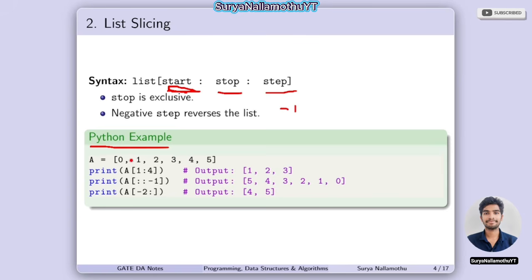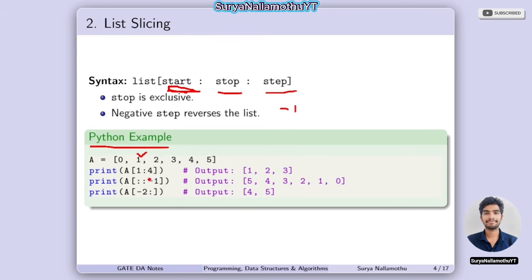So here the simple example is a is equal to 0, 1, 2, 3, 4, 5. In this given list, you need to observe that the index values are 0, 1, 2, 3, and 4. It means 1 to 4, right? So it definitely starts with 1, because this is the starting element. So 1, 2, 3.